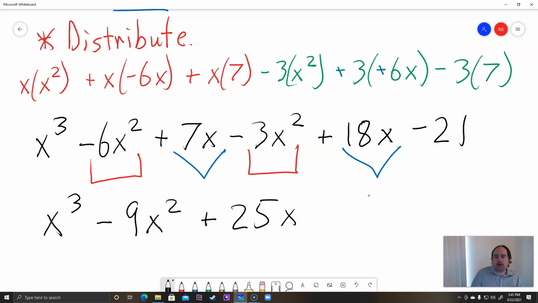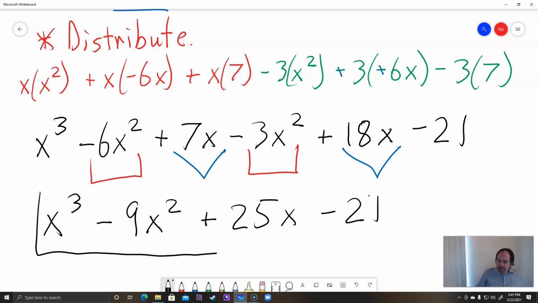And for our last term, we just have minus 21. So we got x cubed minus 9x squared plus 25x minus 21. And that's actually the answer that they got on my math lab.